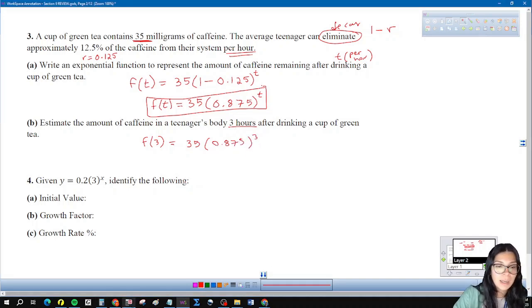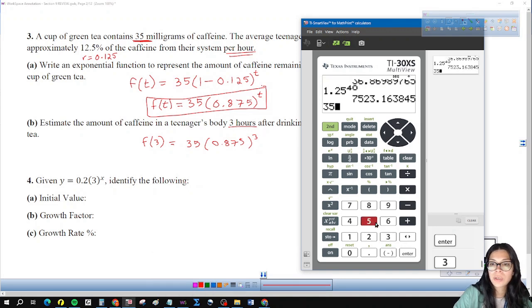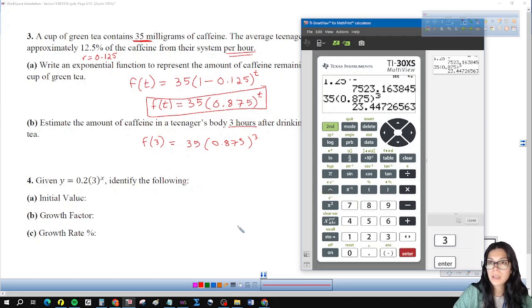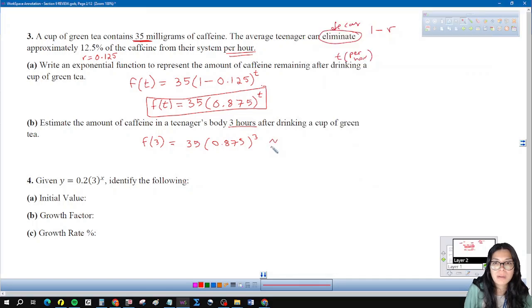So again, I could take out my calculator, and I would do 35 times 0.875 to the power of 3. So that's 23.44, etc. Since this is the amount of caffeine, and they started with a whole number for milligrams, which is already a pretty small measurement, I could keep it as a whole number, and about 23 milligrams is fine.